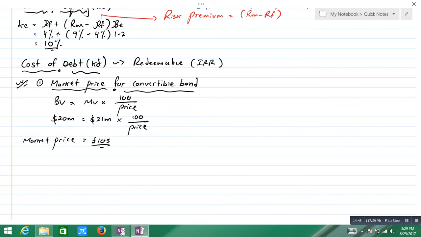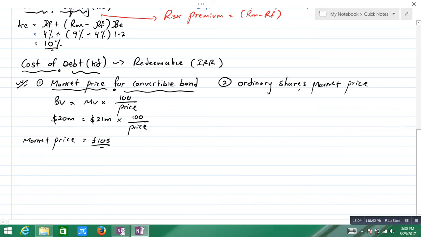So that is your market price for the convertible bond. Working number two, we're going to find the ordinary share market price. Normally how we calculate the market value is the same formula, and we reverse it to find the market price.